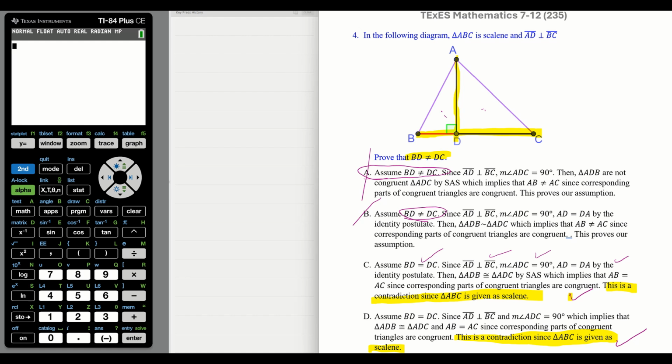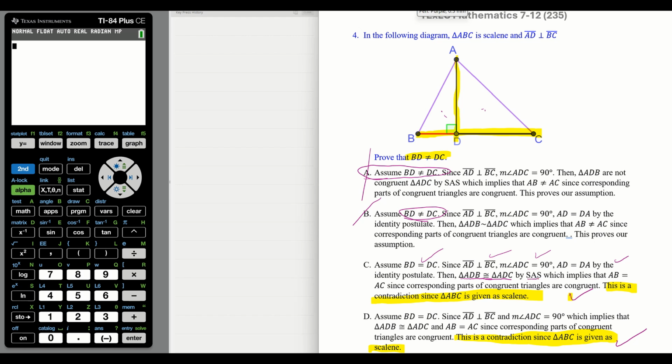Then, yes, and that's what they did here. ADB is congruent to ADC. Okay, here's the thing. Yes, you could say that. You could even say that they were similar. Actually, that's the truth. They're not congruent. They're similar, but they're saying they're congruent by side-angle-side.